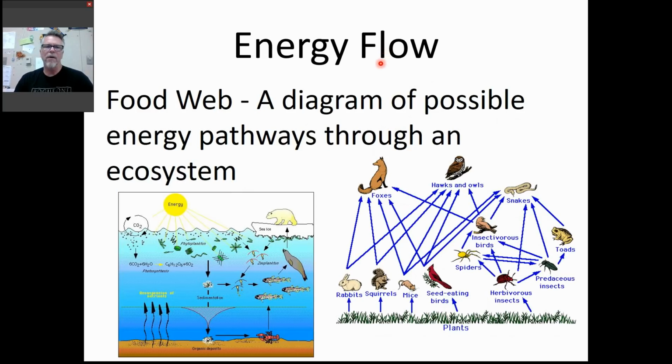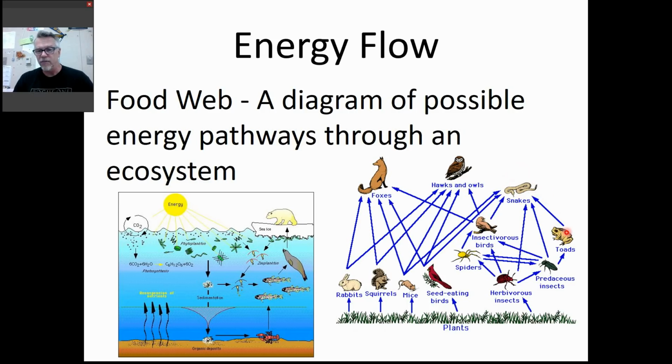And so a better way to represent energy flow in an ecosystem is a food web. This shows all the different possible relationships through who eats whom. For example, here is our snake, who we were just talking about. The arrow points from the organism that gets consumed to the consumer.